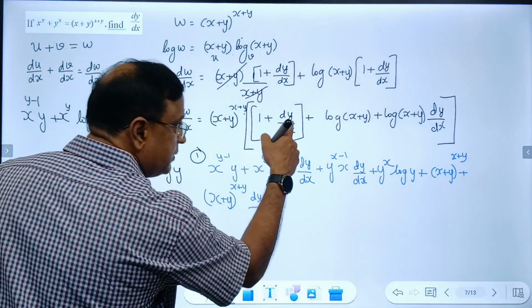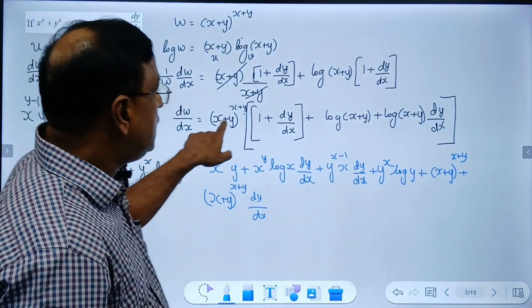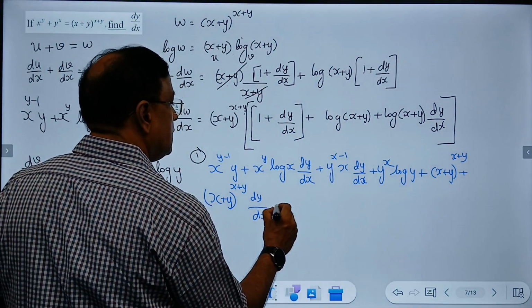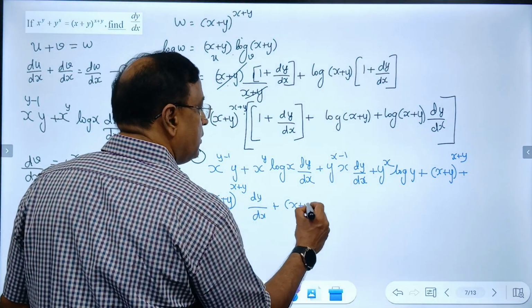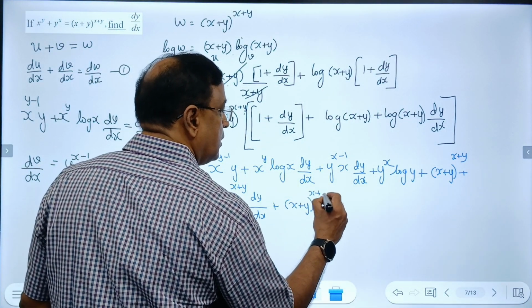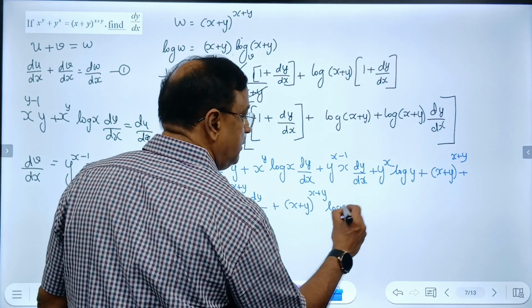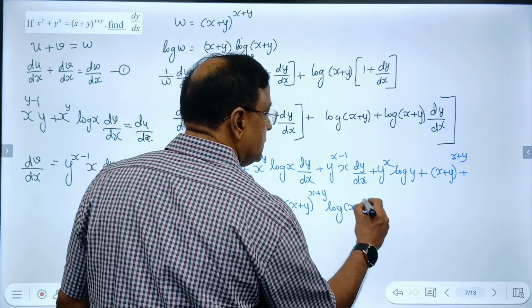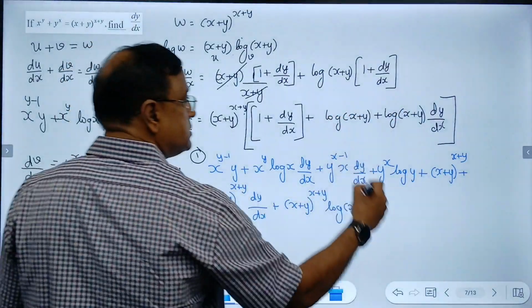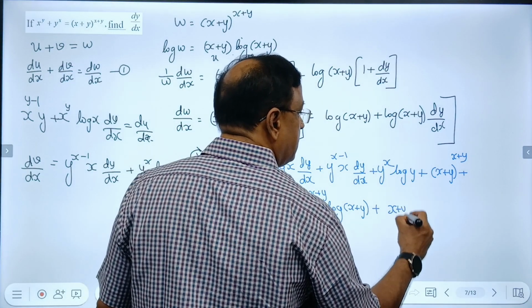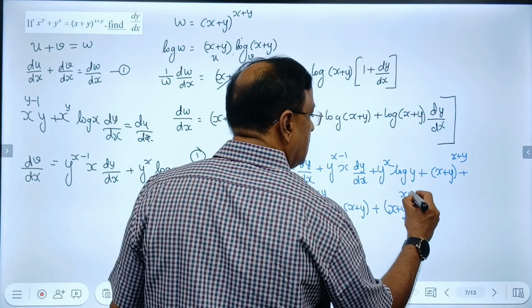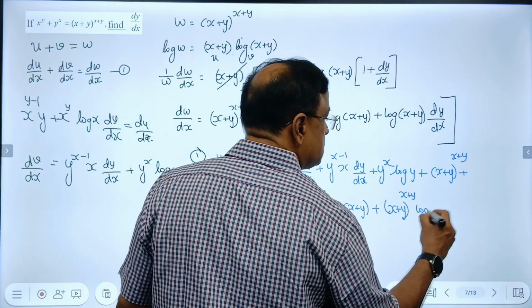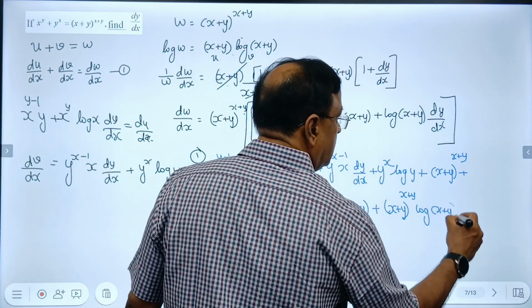I multiply this with this term. Now I multiply this with this. So what is that? x plus y power x plus y log of x plus y, plus, again multiply this, x plus y power x plus y log of x plus y into dy by dx.